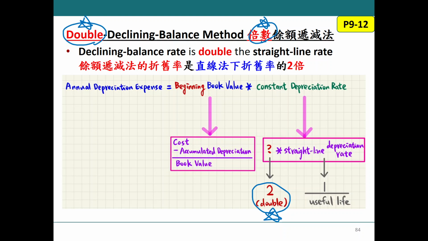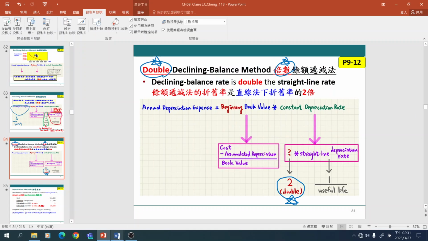If you don't have any questions, please go to your note on page 27. We use the same case, but right now you are the young guy. So we use declining balance method, 余额递减法.